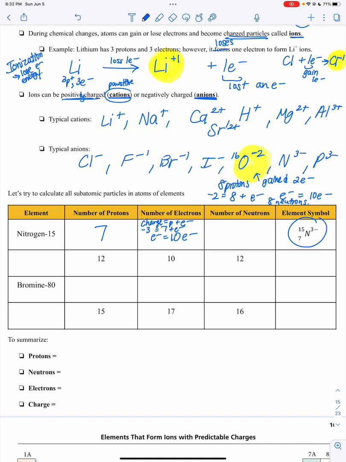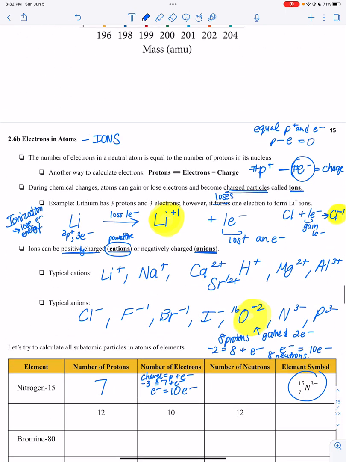And we could consider that electrons are negatively charged, so it's like 7 plus -10, right? So I'm going to go back up and kind of clarify that too. Let's assume that we know that protons are positive and electrons are negative. So I want to make sure that you know that when I do that, charge is equal to protons plus electrons, it's the positive protons plus the negative electrons.